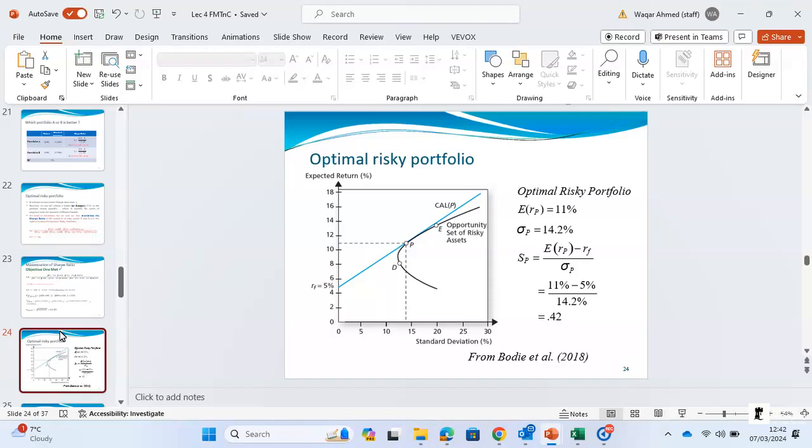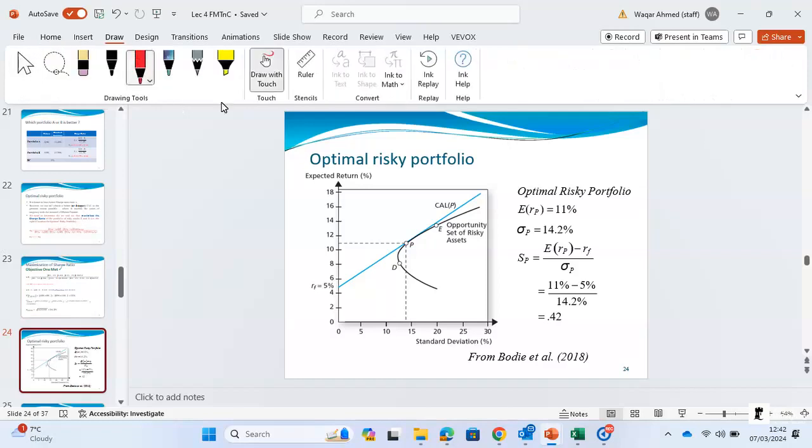On the slide, you can see there are different points, right? For example, you have a portfolio at point D, point P, point E, and you could also add a number of other portfolios as well, but all of these would be under this efficient frontier.